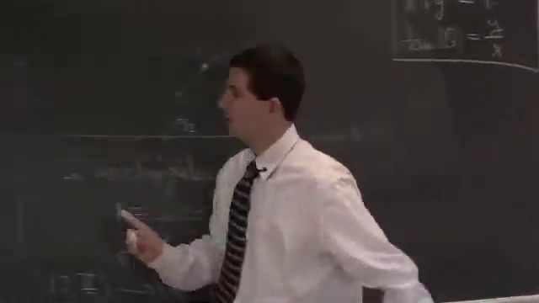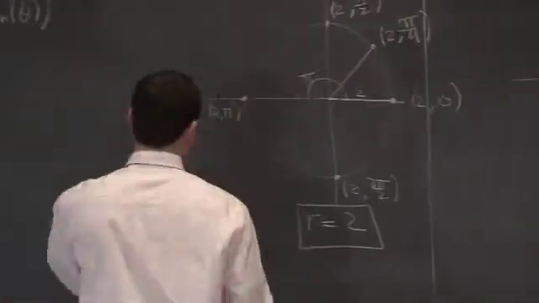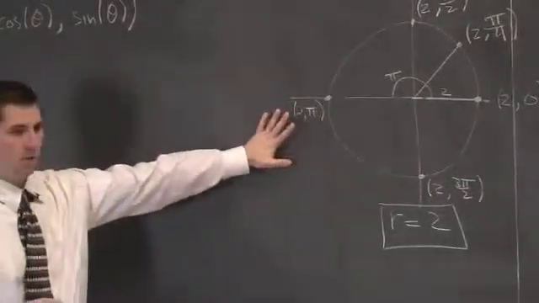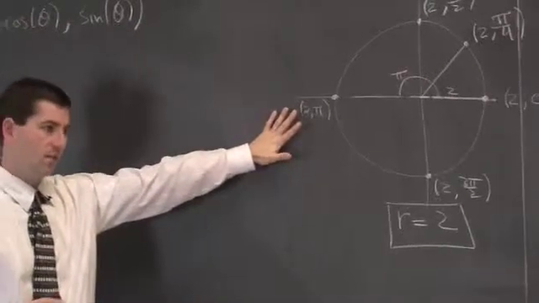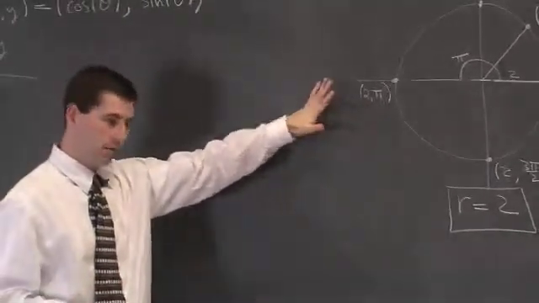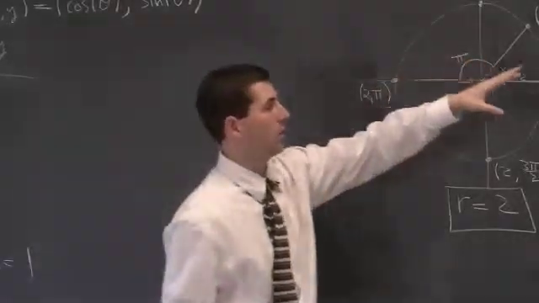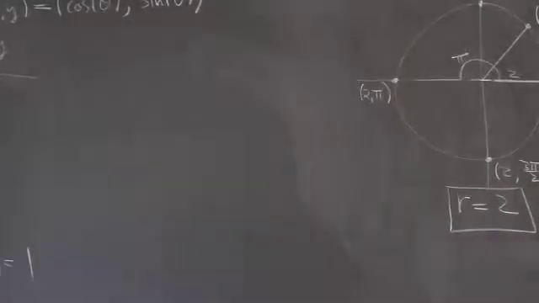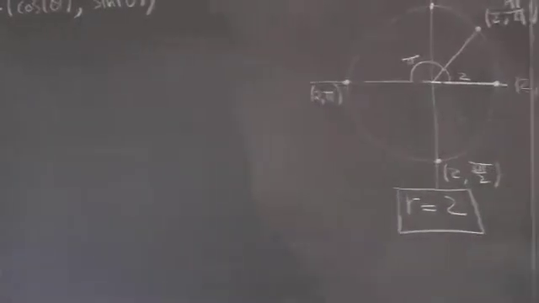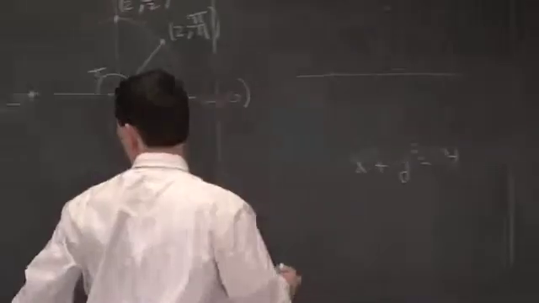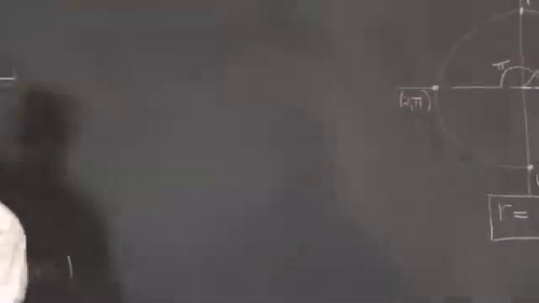Let's see, we've got just enough time. So I wanted to say one more thing, which is, of course, there's no such thing as negative radius. But we do define polar coordinates with a negative number in this first component. And the way we do it is as follows.